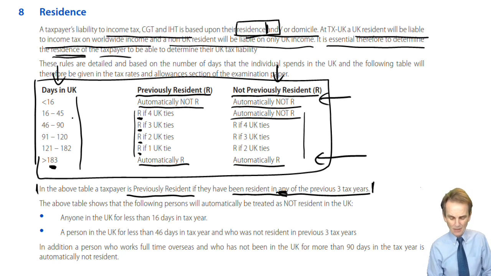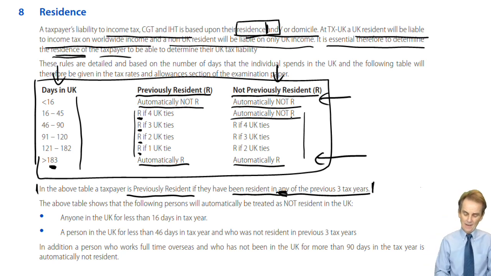You're only allowed here to be in the UK for up to 15 days, less than 16, to be automatically not resident. Whereas someone, principally here someone coming to the UK who has not been previously resident within the previous 3 years, they're allowed more days in the UK and can still be classified as automatically not resident.